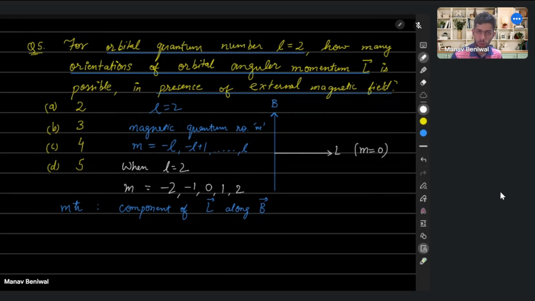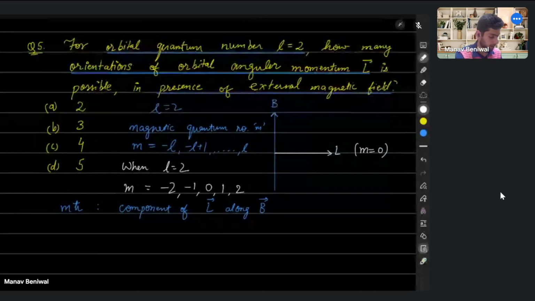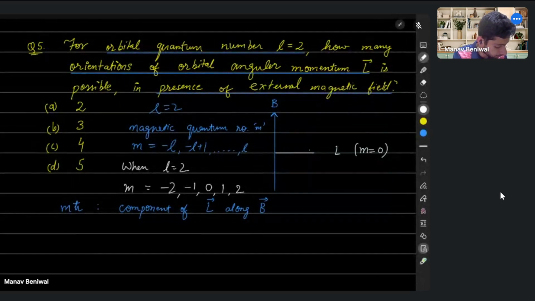Similarly, when m is plus 1, okay, let me draw it like this. When m is plus 1, our angular momentum L will have component h cut in this direction.